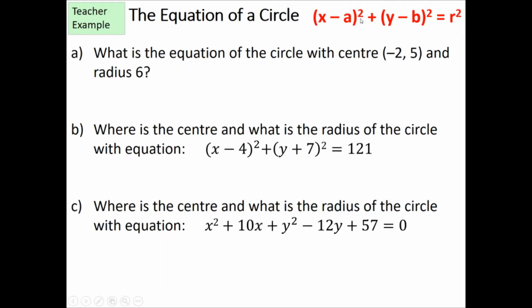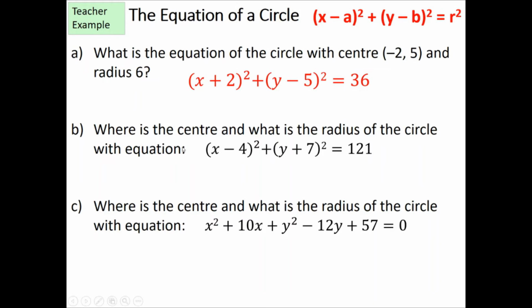So the x coordinate is minus 2, therefore that will be x plus 2, and then y minus 5. So the equation of the circle will be x plus 2 squared plus y minus 5 squared, and then the radius is 6, so 6 squared gives me 36.